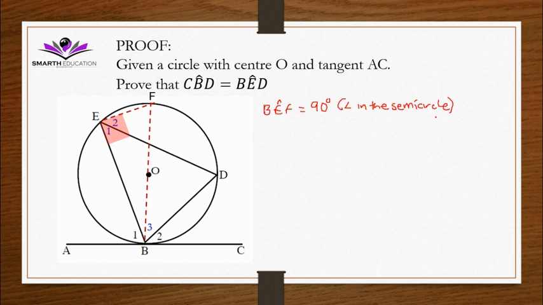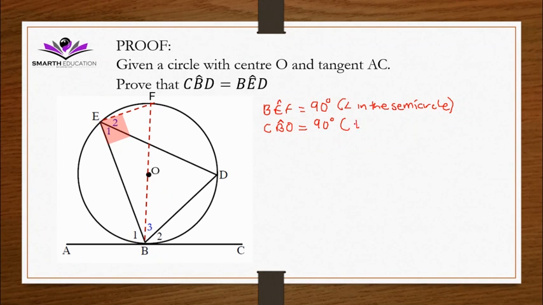Right, now which one do we go to? Look at angle CBO. Can you try to find the size of angle CBO? What can you say about angle CBO? Angle CBO is equal to 90 degrees. Why is it equal to 90 degrees?